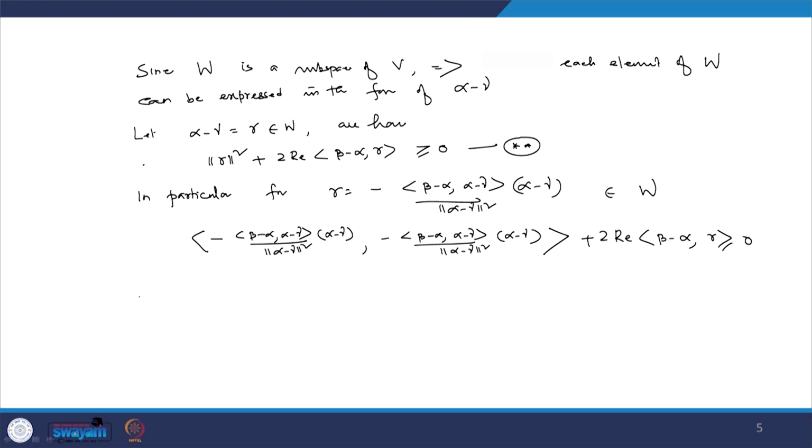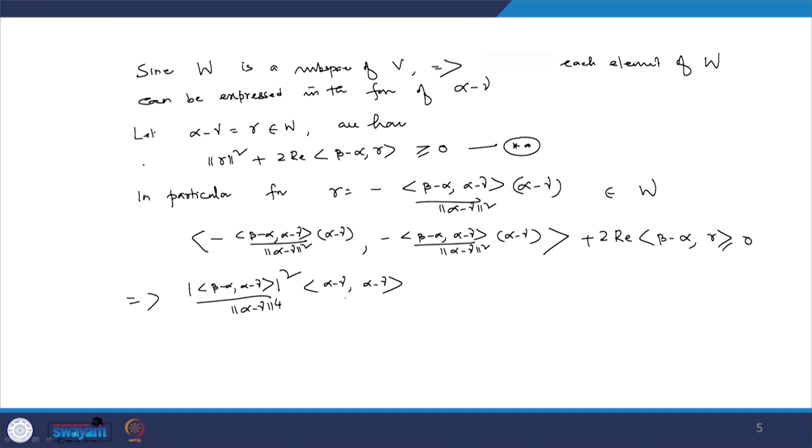So, if I simplify this, I will have minus into minus plus. So I will have mod of the inner product of beta minus alpha and alpha minus gamma, whole square. Okay. So, if we take this to this side, then the conjugate bar will come to that side. So the total will be mod of the inner product of beta minus alpha and alpha minus gamma, whole square, divided by norm of alpha minus gamma to the power 4, and here again the inner product of alpha minus gamma, alpha minus gamma.